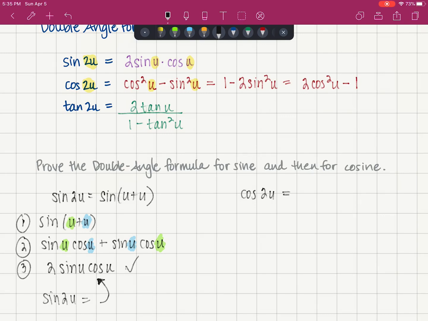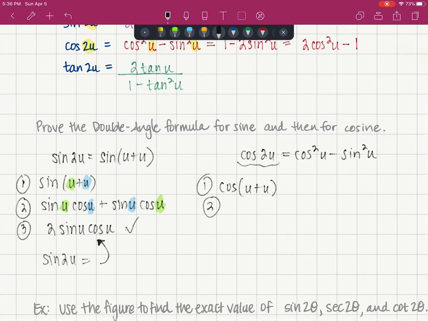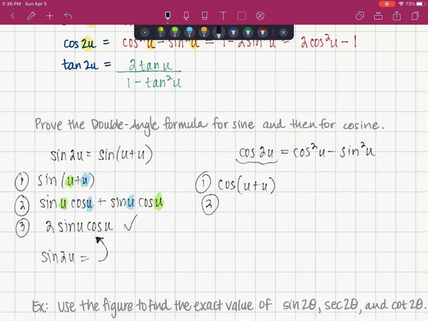If you're going to prove that the cosine of 2u is equal to cosine squared of u minus sine squared of u, you do the same thing: 2u is the same thing as u plus u, and then use the sum formula. Go ahead and give that a try, and it'll be a big aha moment. If you ever forget these and you still know your sum and difference formulas, you can just use them to get there.